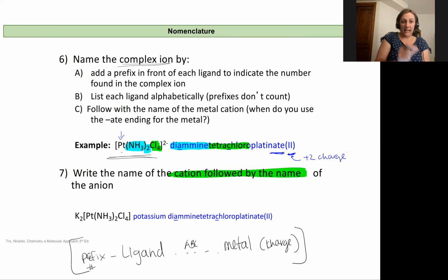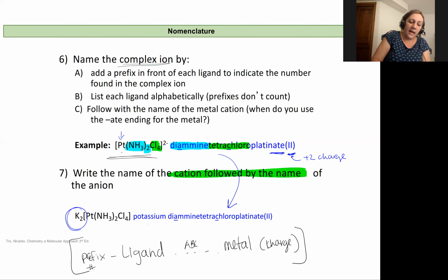Now, cation first, anion second. So that anion name comes in second, and I'll start with my cation name, which is just potassium. Nice, simple potassium. I don't need to put the number of atoms because I'll be able to figure out the charge for my extremely long name for my complex ion, even if it takes a minute. And I'll be able to figure out how many of those potassiums are really in this complex.